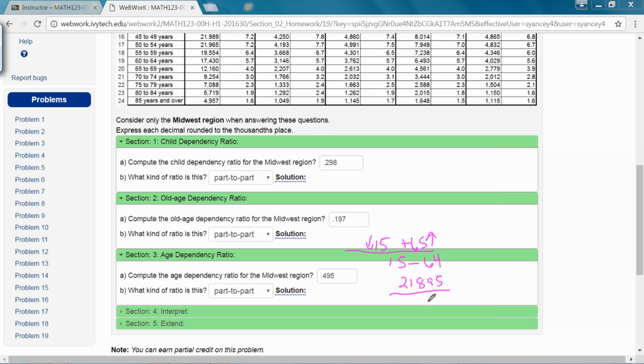You may get a different one. Over 44,209. Dividing that out becomes 0.495. There are 0.495 age-dependent citizens per one working class. Okay? Do you understand where I'm getting the 1? When you divide it out, it becomes a unit. It's whatever that number is per one of the denominator. It's going to be important here in a second. And these are part to part, so we cannot do percentages.